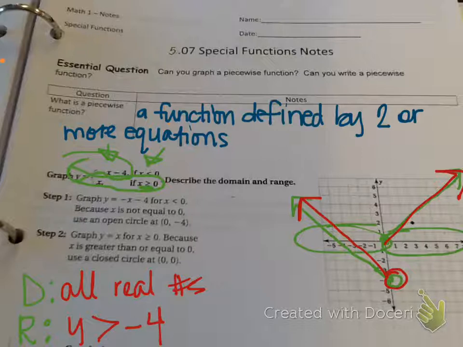It's greater than, and not equal to, because this is an open dot, so it's not got an equal sign. Negative 4 and above is where all of my y values will be. There's nothing going below that ever in this piecewise function that we have.